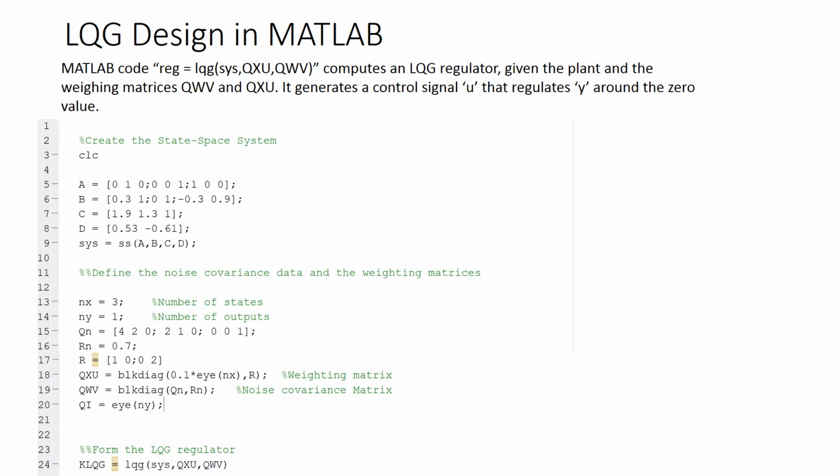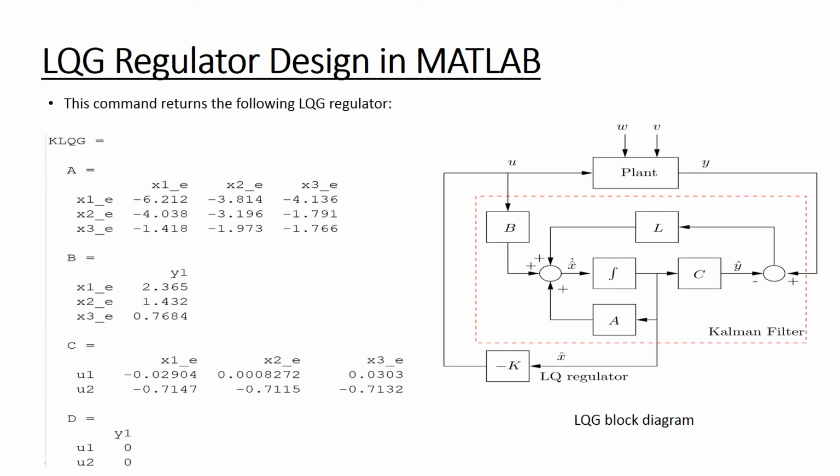Then we defined our weighting matrices and the noise covariance matrices, and then we built our LQG regulator by using the command LQG, and that builds our LQG regulator gain for the system.